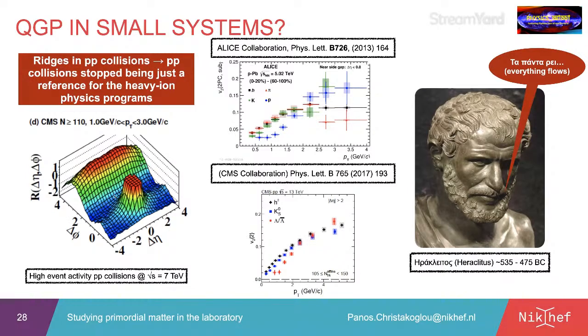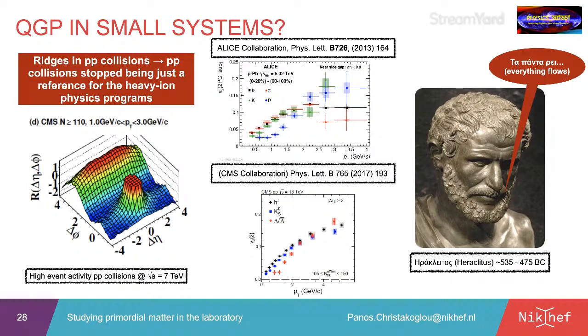These are nice, colorful plots that indicate the phenomenon of anisotropic flow, which is formed also in heavy ion collisions. This time we have its reflection in collisions between two protons at the LHC in 2010, reported by CMS, with similar features to the ones we've seen in heavy ion collisions.